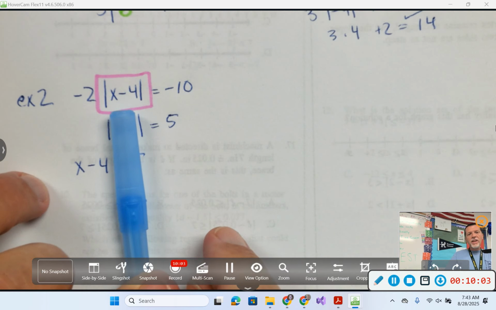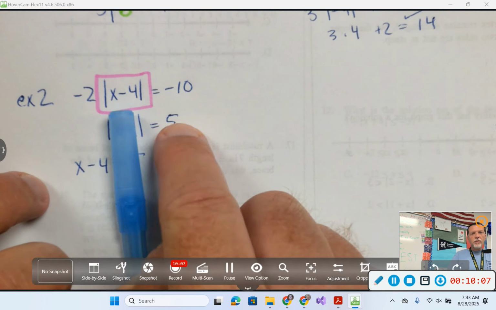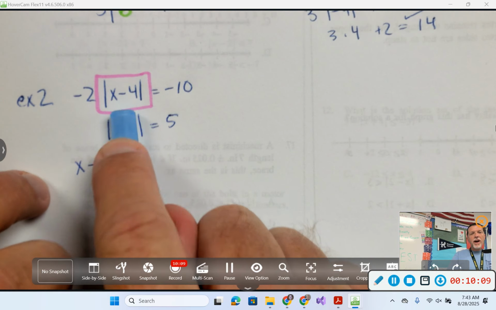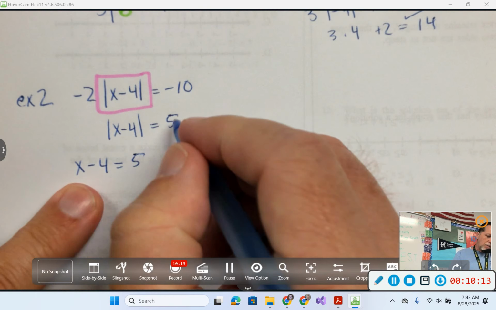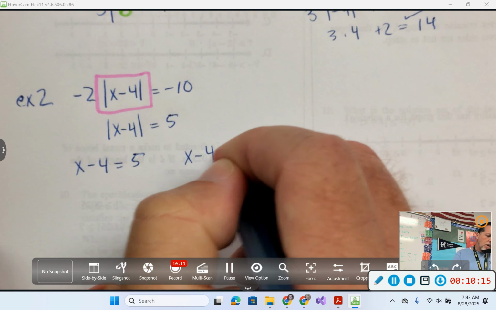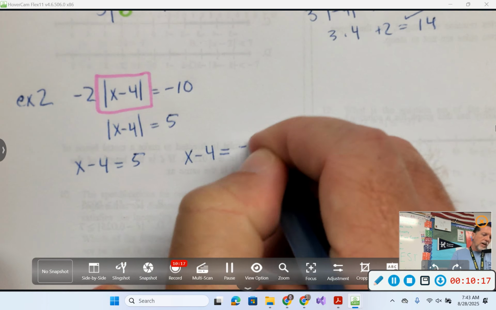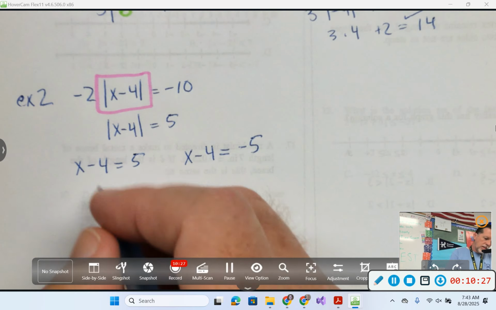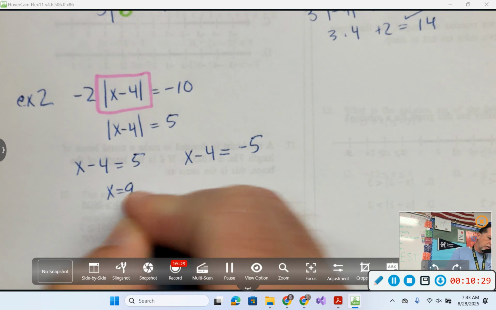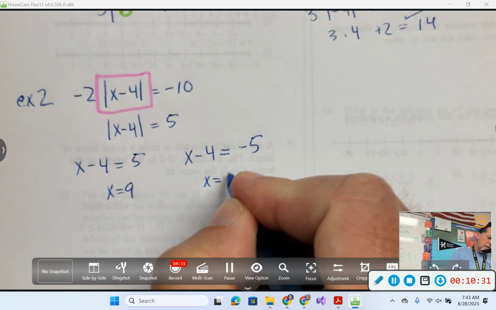What's under the absolute value has to be a positive or negative 5. If the absolute value equals 5, then what's inside has to be positive or negative 5. So x minus 4 is 5, or x minus 4 is negative 5. Don't change the inside of the absolute value, only change the answer on the other side. So x equals 9, x equals negative 1.